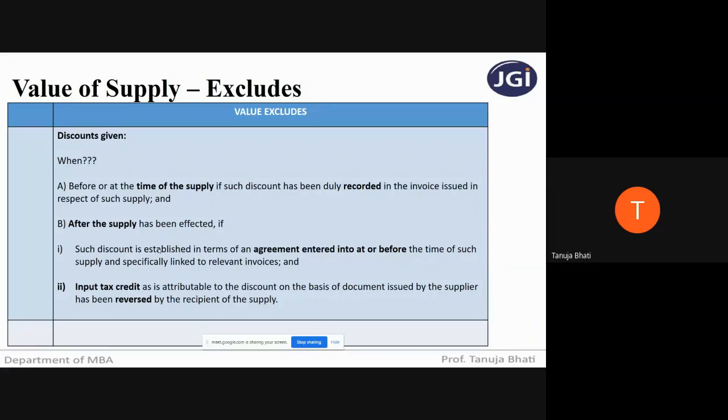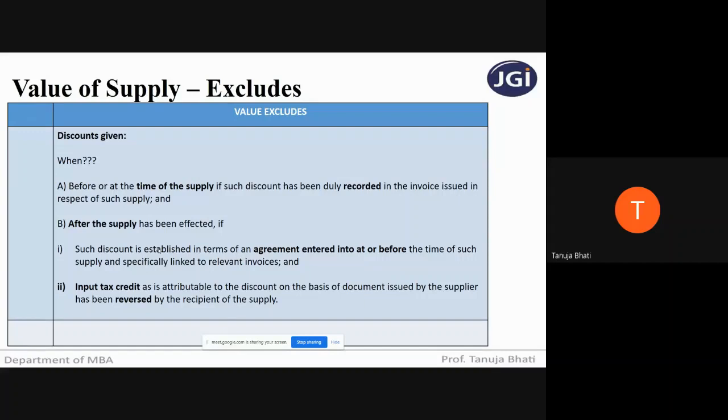Suppose on 50,000 the tax is coming 5,000 rupees. So 5,000 is then only if it is reversed by the recipient, then only the value of discount has to be excluded from the transaction value.